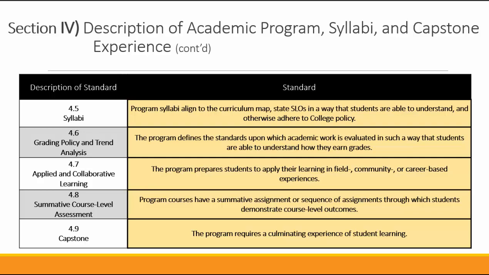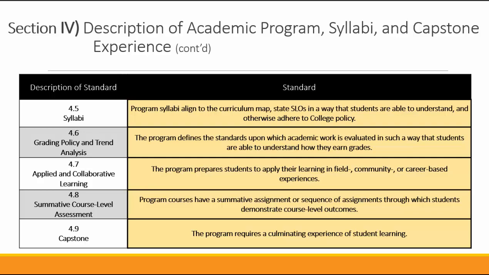So that includes syllabi. So you should pull together syllabi that align to the curriculum map and be evaluating whether or not the learning outcomes that you include on the syllabus relate back to what you're saying the program should be doing. Your grading policy and trend in grades, and how student work is evaluated across sections, evaluated consistently.